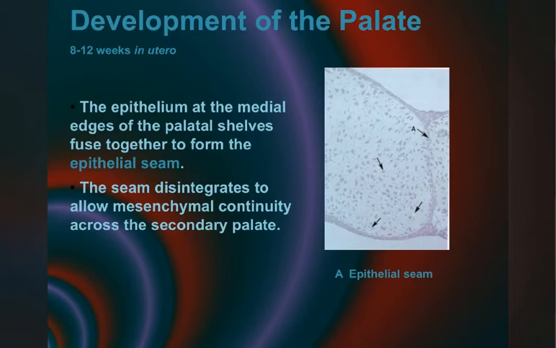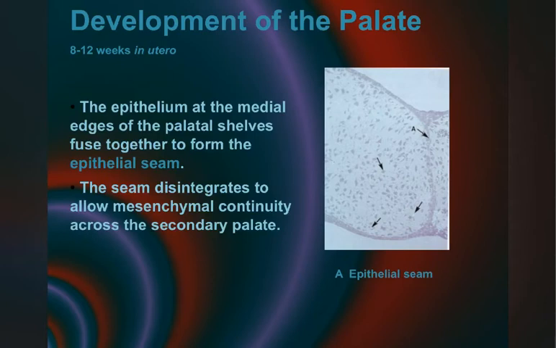The epithelium at the medial edges of the palatal shelves fuse together to form the epithelial seam. This is the midline epithelial seam between the two fusing lateral palatal shelves.